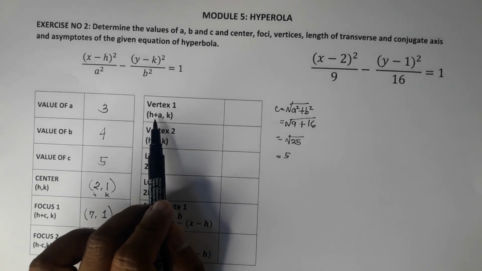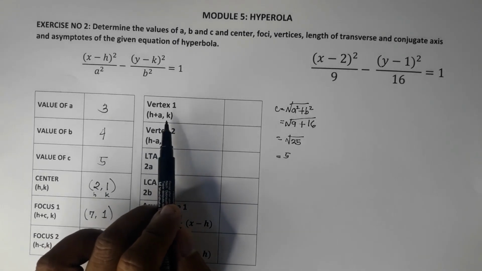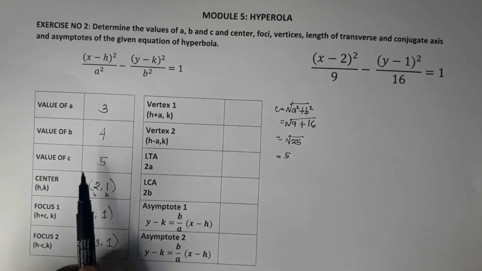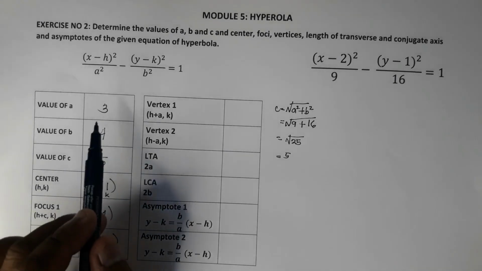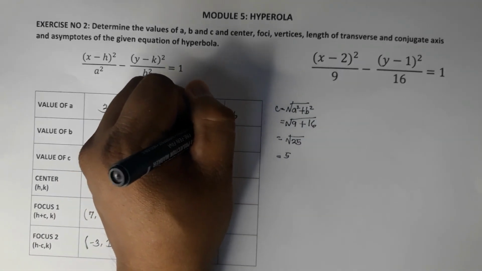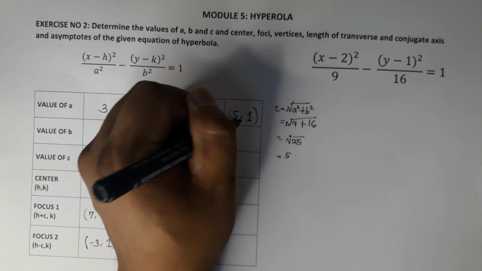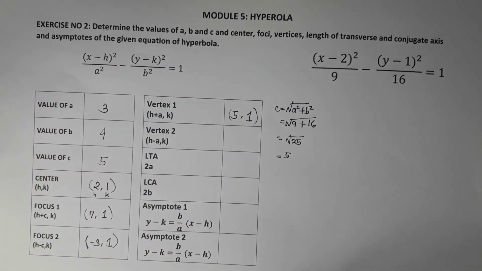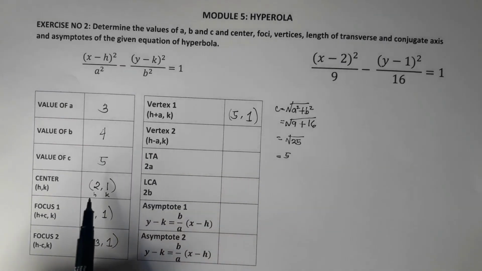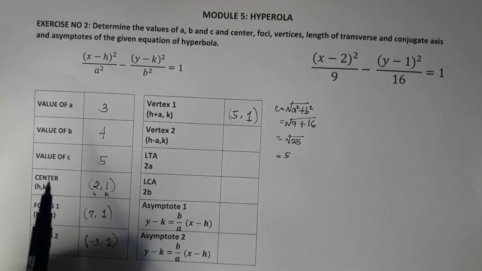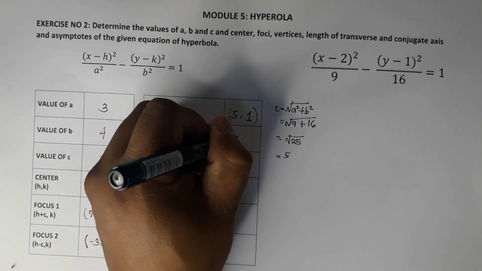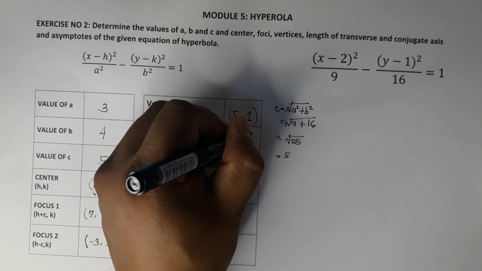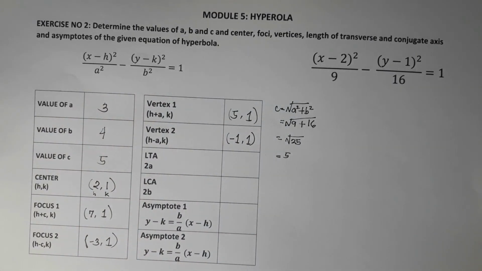The vertex is at H plus A, K. So H plus A. H is 2, our A is 3. Nakuha ba? So 2 plus 3 is 5. Of course, K is always 1. Next, our second vertex, which is H minus A. Again, 2 minus 3, which is negative 1, 1 for the value of K.